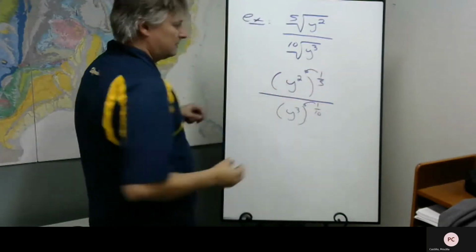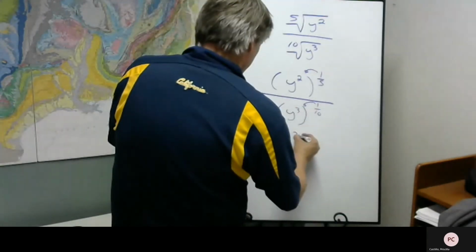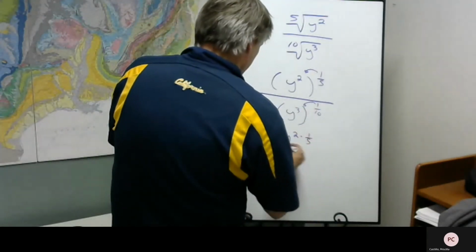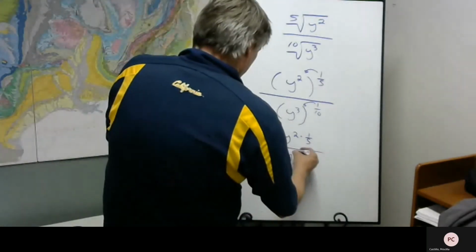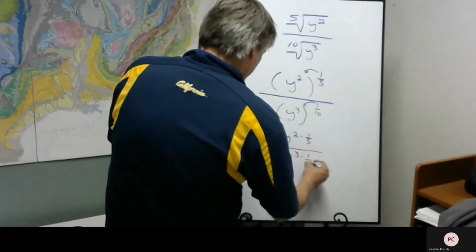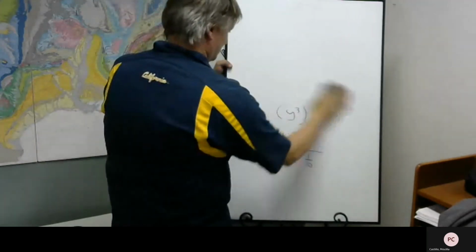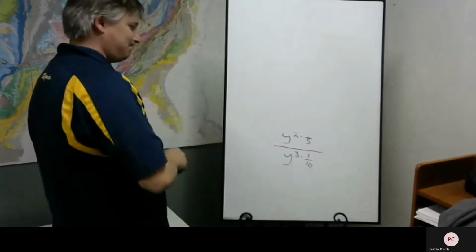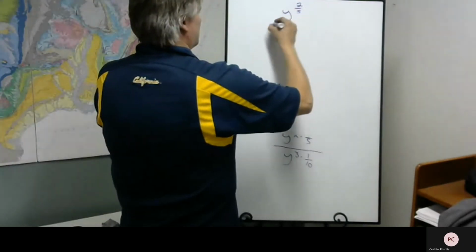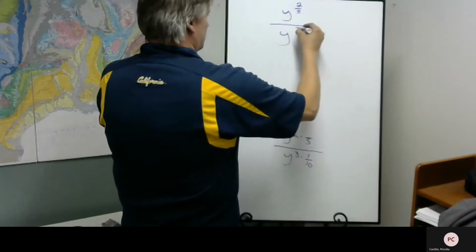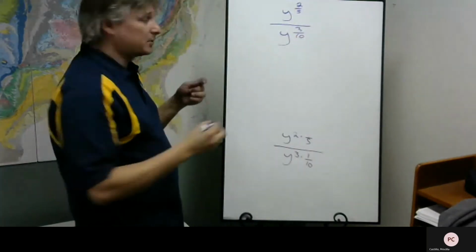Then we distribute as exponents. y to the 2 times 1/5, y to the 3 times 1/10. So again, y to the 2/5 over y to the 3/10.